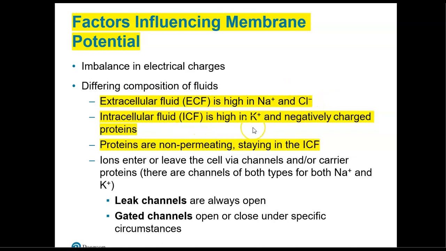And the intracellular fluid is high in potassium and negatively charged proteins. And those negatively charged proteins can't leave the cell. So that really contributes a lot to the negative charge on the inside of a resting neuron, one that's not conducting an action potential.